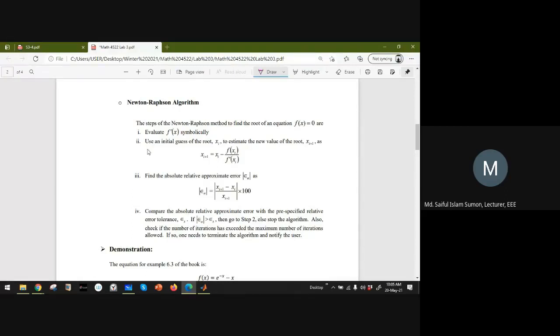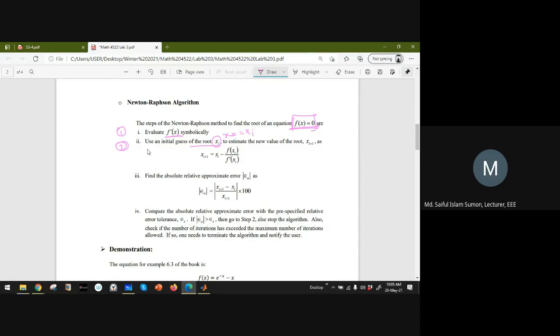Okay, now, this is the equation which I need to solve, okay? For this, first of all, I need to find the derivative. Can you remember the derivative? Then I need to consider any initial value, suppose x0, where xi is equal to x0 for the initial one, okay?